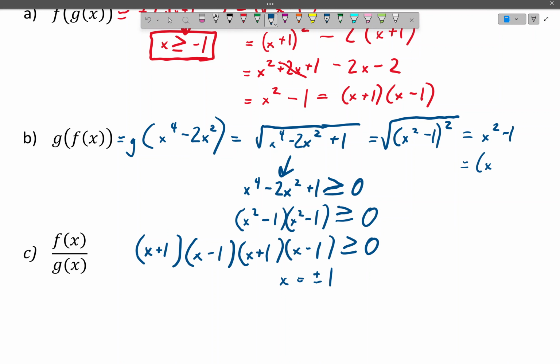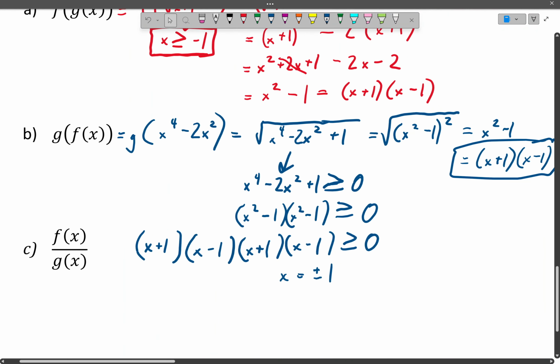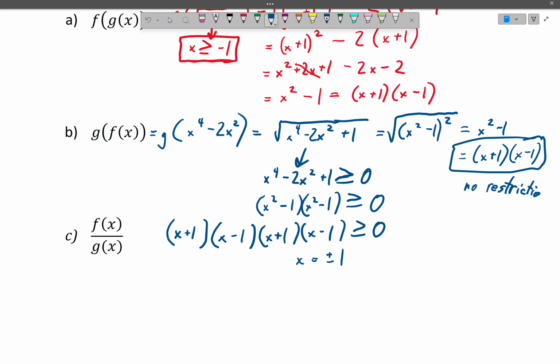Well, that's just half of the factoring that we did before. And so this is what our final answer is going to look like. But there's actually going to be no restriction on it. The only restriction is the standard restriction of x is in the real numbers.